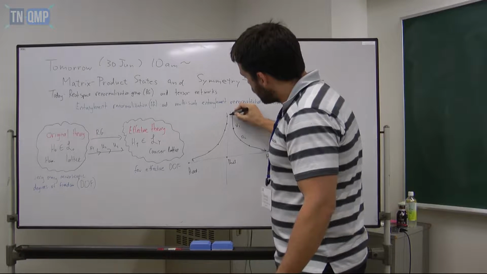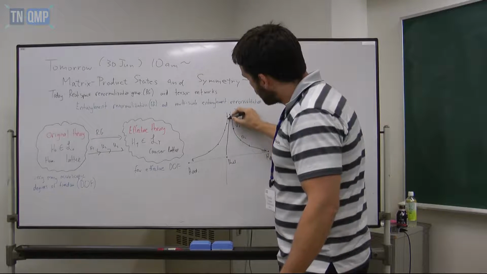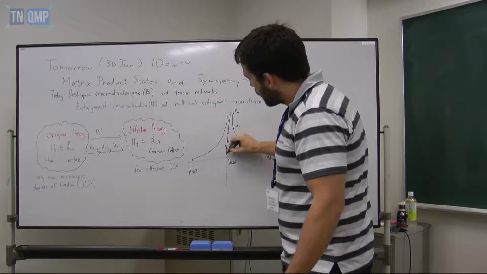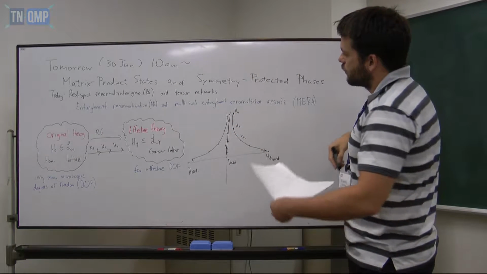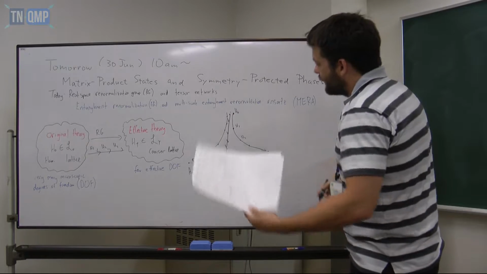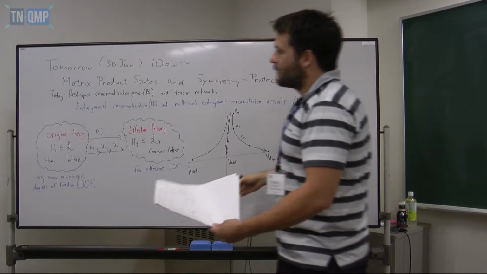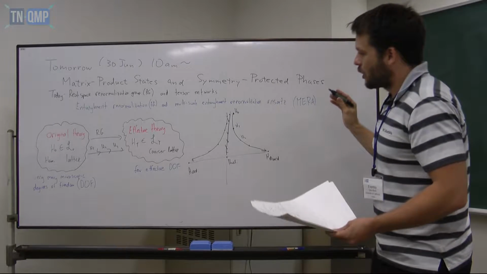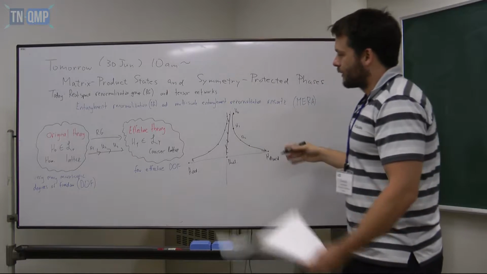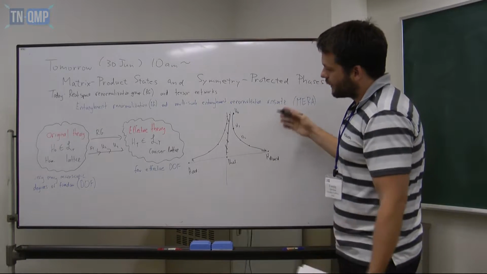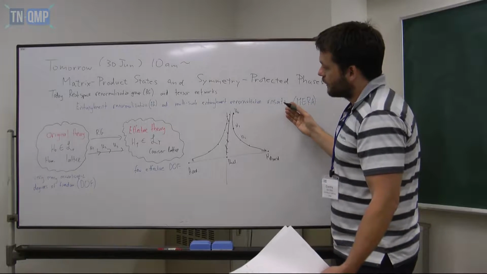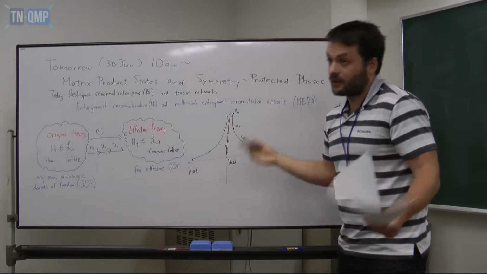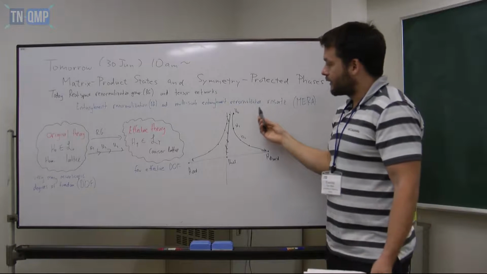Depending on where I start in this parameter space, what I hope is that I implement my renormalization in such a way that is consistent with this picture, where I flow to the correct fixed point. An example of this is the 1D Ising model in a transverse field.